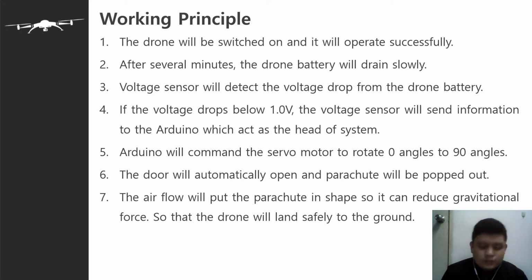If the voltage drops below 1.0 volt, the voltage sensor will send information to the Arduino, which acts as the head of the system. The Arduino will command the servo motor to rotate from 0 to 90 degrees. Then the door will automatically open and the parachute will pop out. The airflow will put the parachute in shape so it can reduce the gravitational force, so that the drone will land safely on the ground.